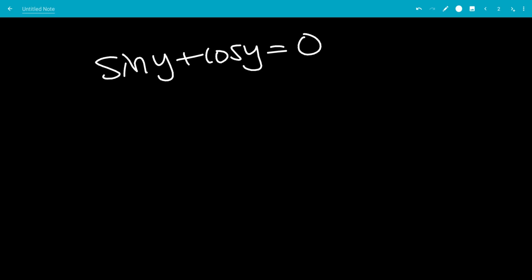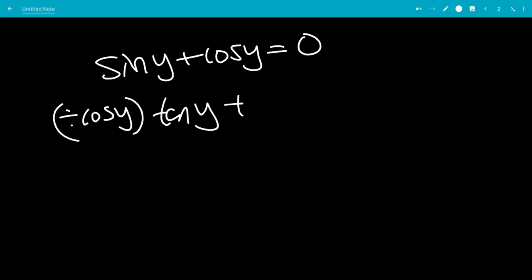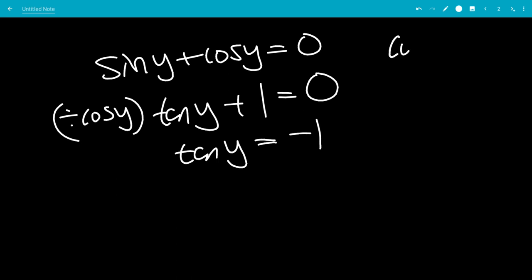So let's divide by cosine y, leaving us with sine y divided by cosine y, which is tangent y. Cosine y divided by itself is 1, equals 0. So tangent y equals -1. And also cosine y can't be 0 in this case, so we can check that at the end.